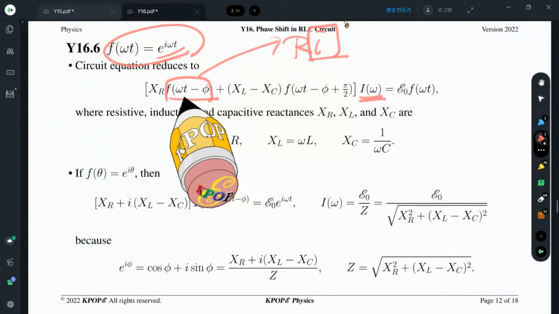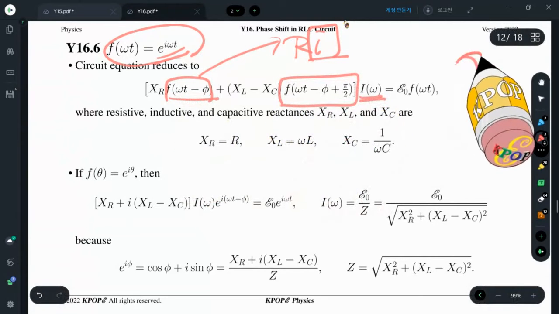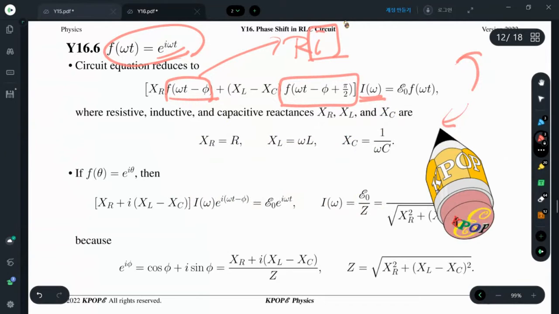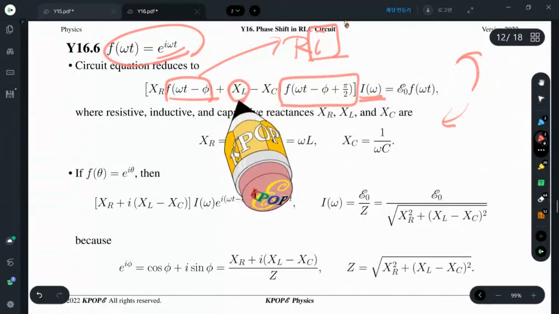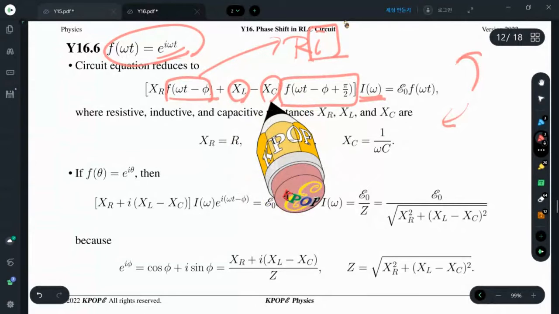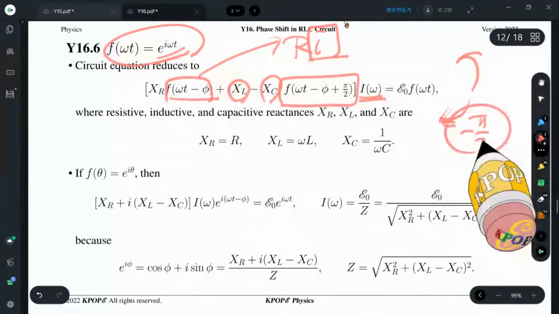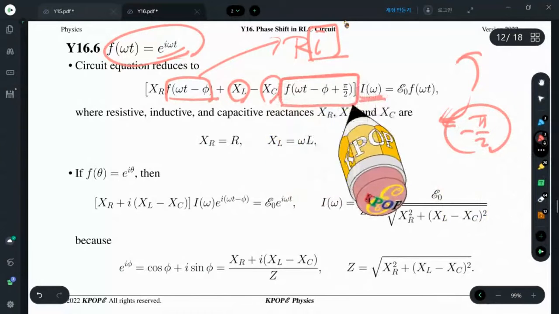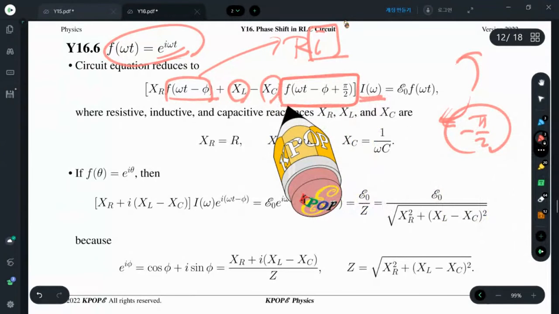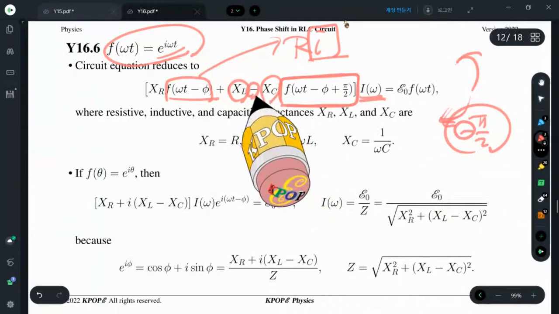Okay, and then we have an additional term that is either forward or backward. We use the forward case as a reference. Capacitor is backward by half a pi, but it uses the same shape of function, with a negative sign on it.